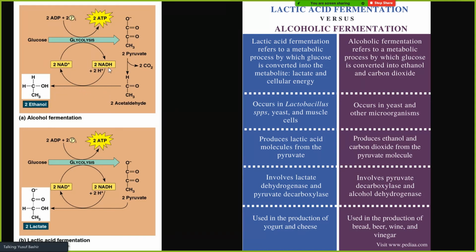In these organisms, they have different kinds of enzymes and they make ethanol instead, but it's the same purpose. The NADH we want to turn back into NAD so that we can do a little bit more glycolysis, so we can produce at least something, some ATP.